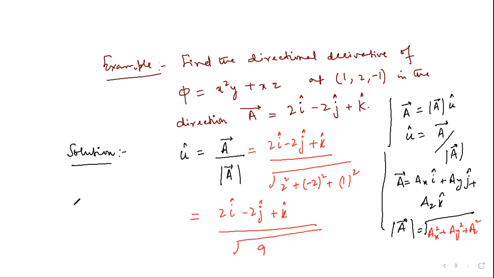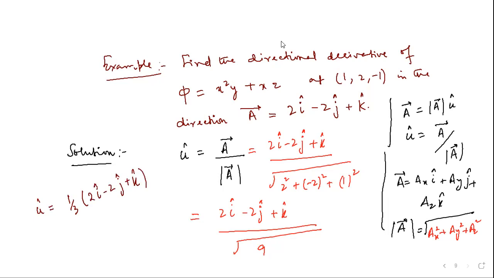Root 9 is just 3. So my unit vector in the direction of A is 1 by 3 times (2i minus 2j plus k).